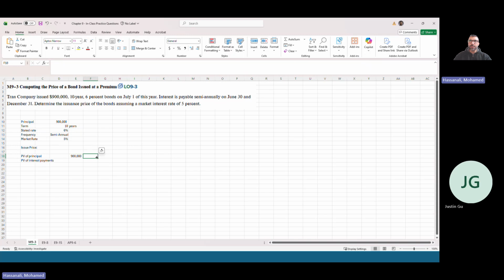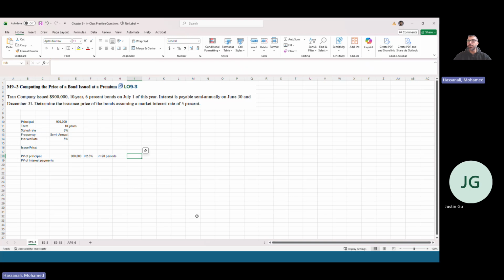So for the present value factor in this case, our I is the market rate divided by 2 because it's semi-annual payments, so it's 2.5%. Our N, the number of periods, is 10 years, and we need to double that because it's semi-annual, so N is equal to 20 periods.